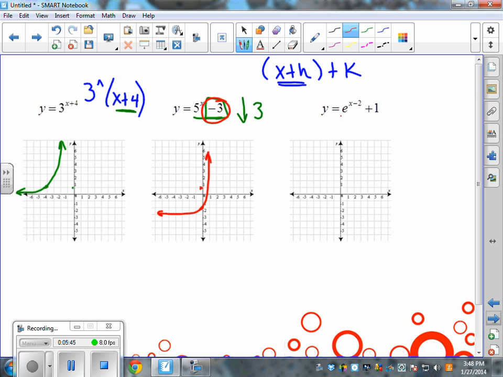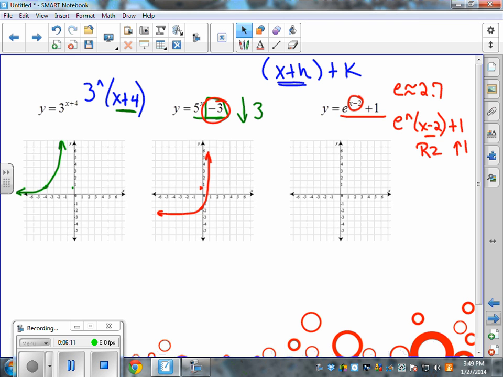And then the last thing is e to the x minus 2 plus 1. Remember that we said e is approximately 2.7. So this is similar to the graph of 2 to the x and 3 to the x. The minus 2 in the exponent is going to be a translation of 2 to the right. The plus 1 is going to go up 1.